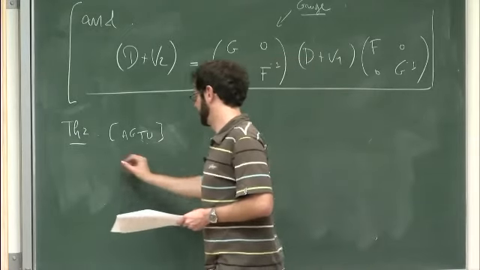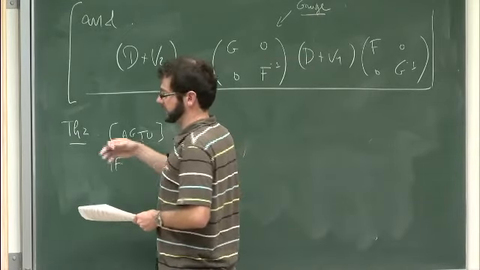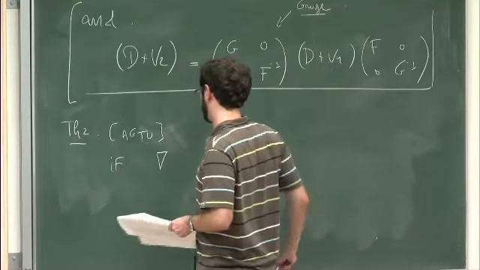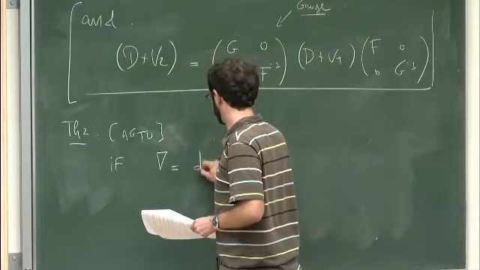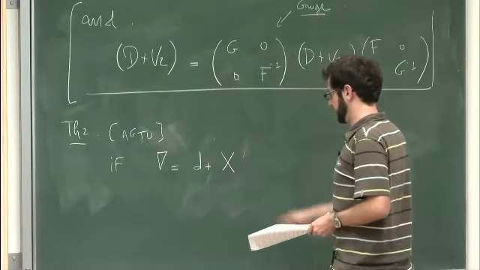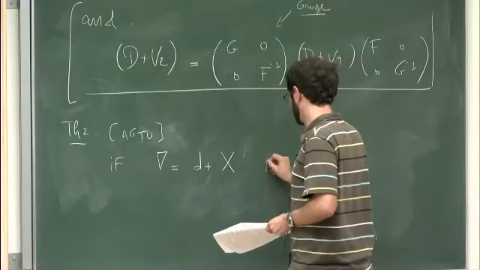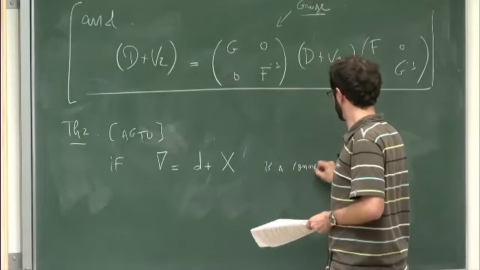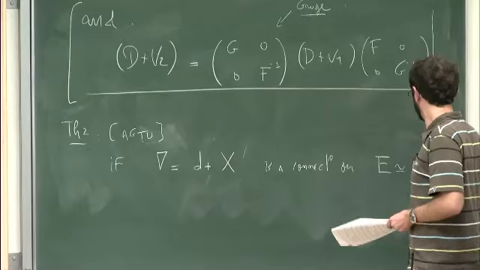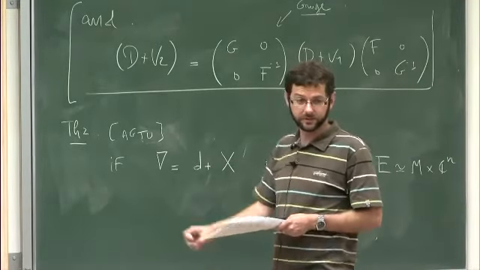So with the same assumption as before, if you consider a connection nabla, maybe I will write it like this: D plus X. So X is a connection one form. Is a connection on the bundle E as before, which is isomorphic to M times Cn.